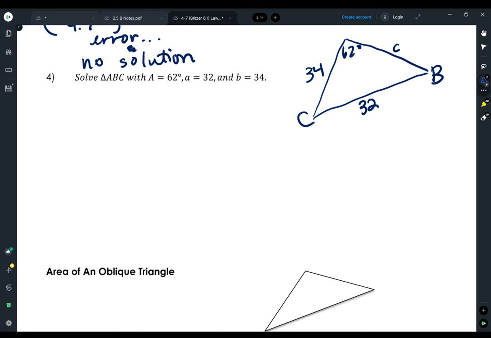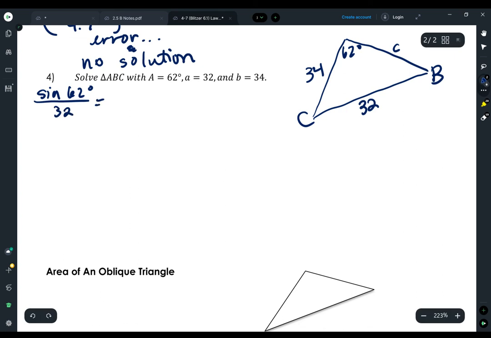So we're going to have that the sine of 62 degrees over 32, and we'll go for B first. Well, we have to, right? We have side B. So sine B over 34, and then we'll multiply again by 34 and 32. So 34 sine 62 degrees, 32 sine B.